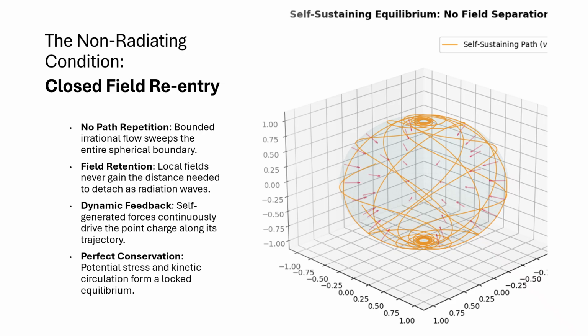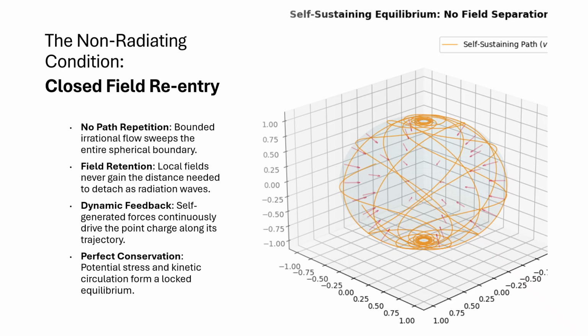The nice result is that these local fields generated by this motion never quite detach as radiation waves. There's a dynamic feedback that generates forces that continually drive the point charge back along its trajectory.